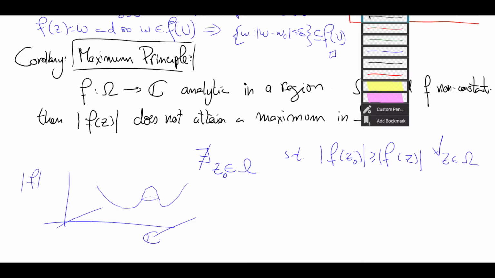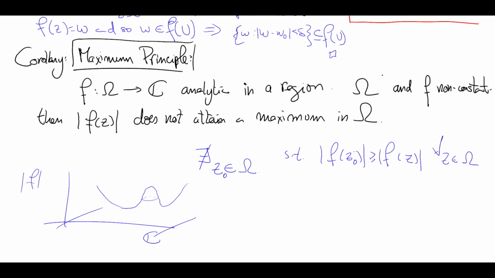Even though it's not a global maximum, because this other point is bigger maybe, if I look at a neighborhood around this point and it's a local maximum, it would be a maximum on this neighborhood. So I would just apply the maximum principle to that set. So there can't be local maxima either. They're also not allowed.